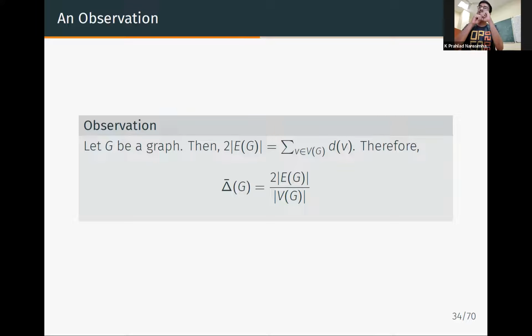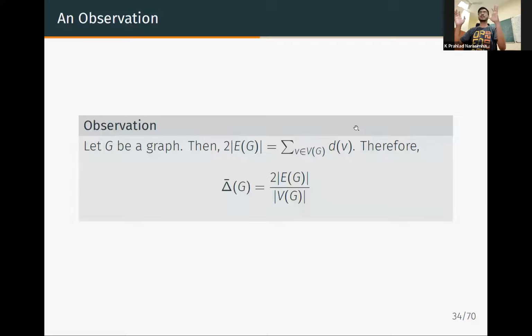Now look at it from the edges' point of view. Each edge is counted by 2 vertices because it has 2 endpoints. Therefore, it will be counted 2 times in the degree count. Therefore, 2 times the number of edges is equal to the sum of the degrees of the vertices.